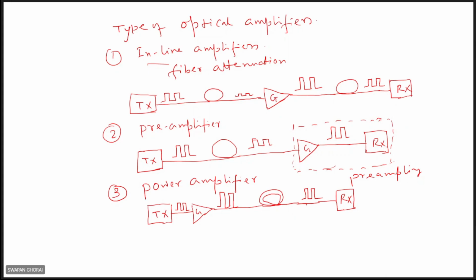Power amplifier is to increase the power. Once you have the laser source or LED source, whatever the case, the power is fixed. You cannot increase the power, but if you could, then more distance could be covered. Using these optical amplifiers, you can increase the transmitted power, so more distance can be considered for communication systems.